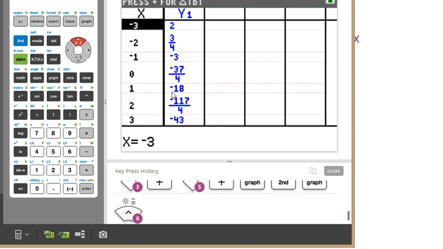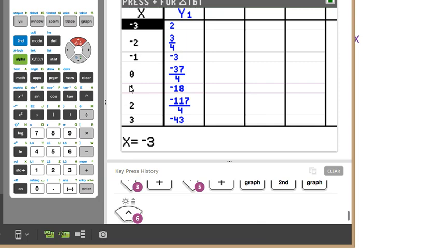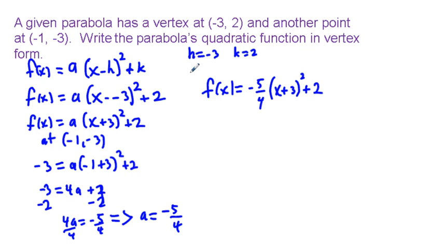Negative 3 comma 2, does that match? Yeah. So that's our vertex, and we have negative 1, negative 3. That matches too. So here's our vertex at negative 3 comma 2, and then we have our other point at negative 1 comma negative 3. Check. So this is a correct answer.